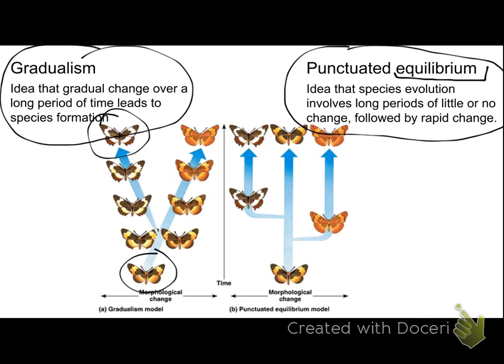It doesn't have to be a surprise. Nothing happens, then pow, something happens. I bet you'd still be surprised if I walked in here with bright purple hair. So yeah, punctuated equilibrium. Nothing happens, and then boom, it all happens at once. So you get rapid change.